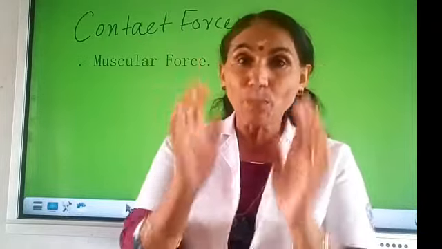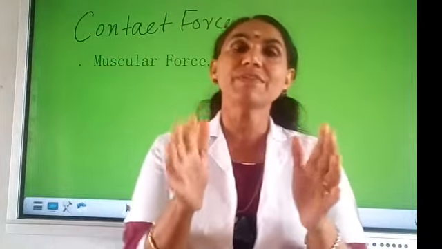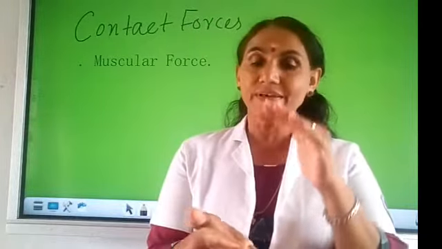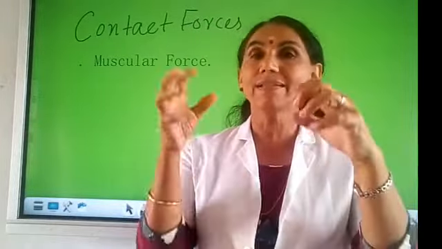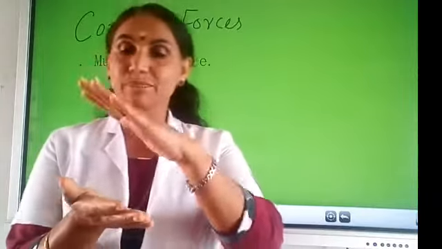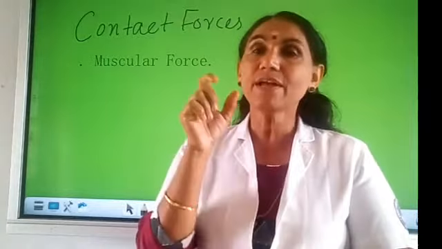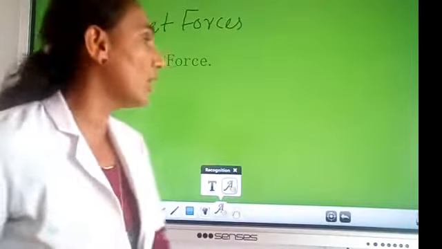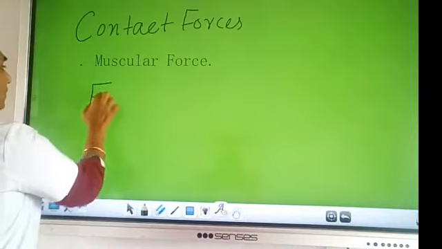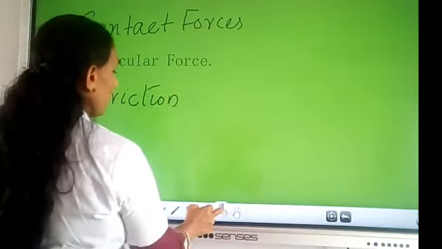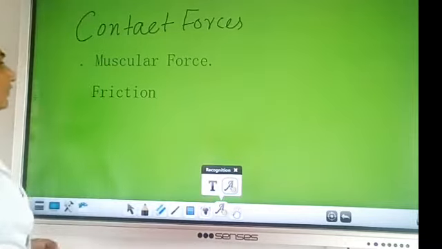That is, an opposing force arises between the surfaces, the ball and the earth. That opposing force is called friction. What is that opposing force called? Frictional force or friction.